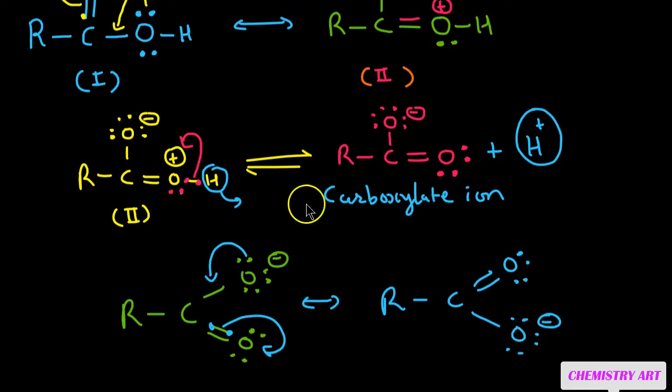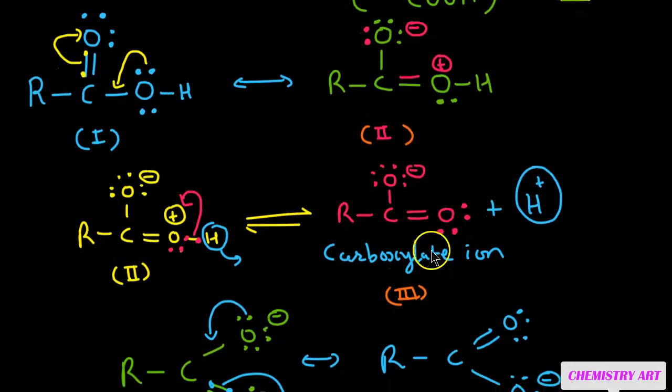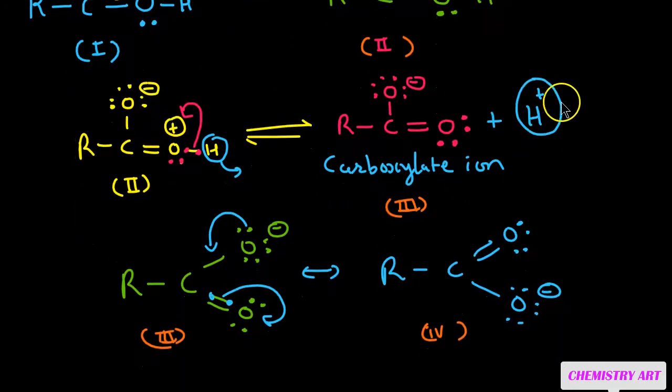Okay, I can show here, this is the third structure. If this is the third structure, then this can be a fourth structure, and this is how the carboxylic acid is going to convert into the carboxylate ion, releasing the H+, releasing the proton.